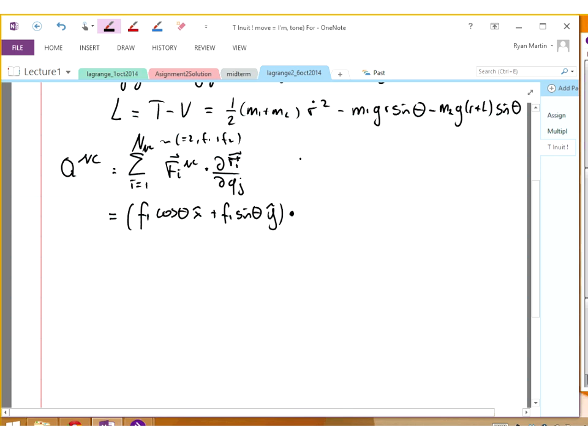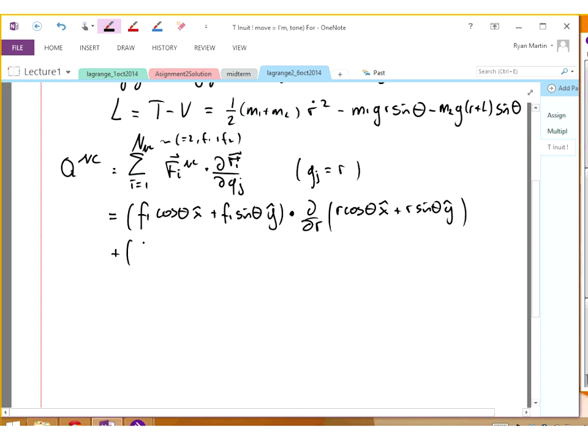That's dotted with, so we only have 1 q_j, right? So q_j is equal to r. So that's dotted with ∂ by ∂r of the location where the first force is exerted, at the first mass, so that's r cos theta x hat, that's the location of the first mass, plus r sine theta y hat, right?